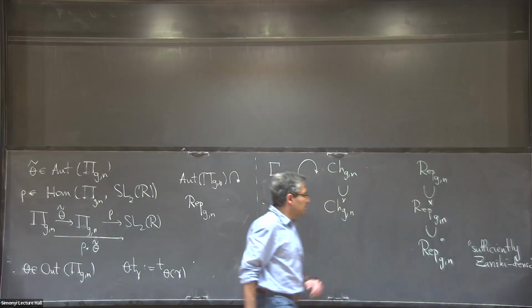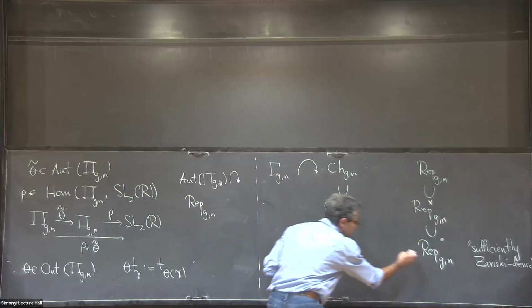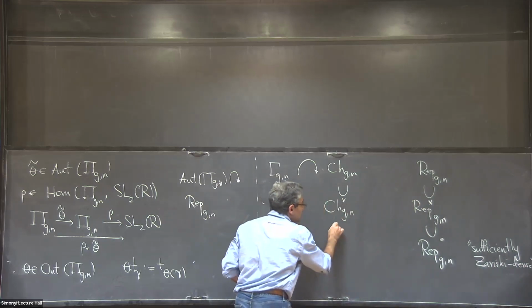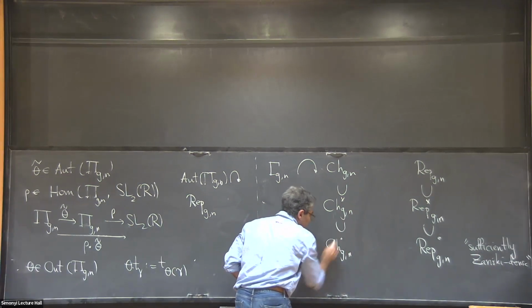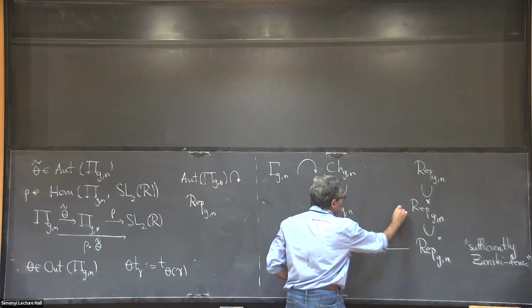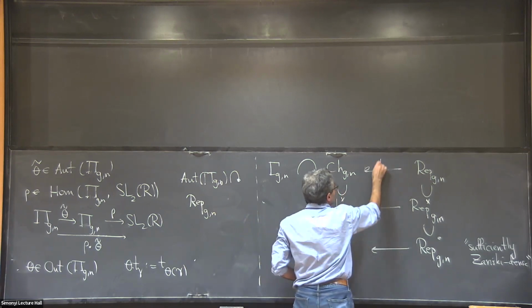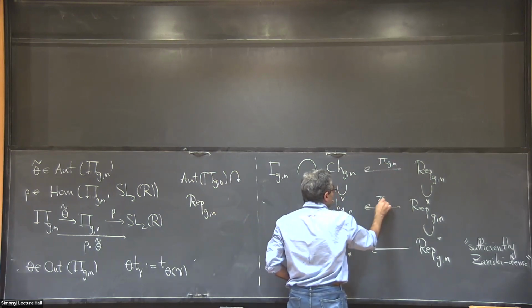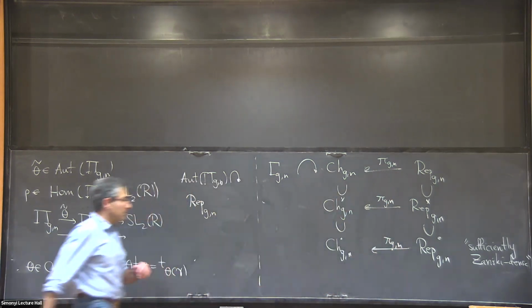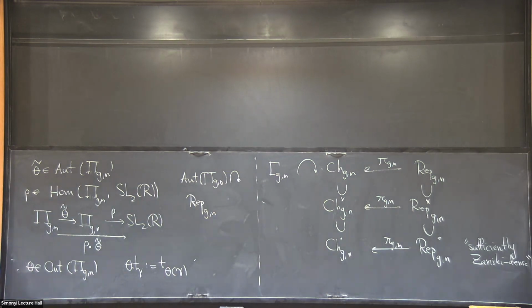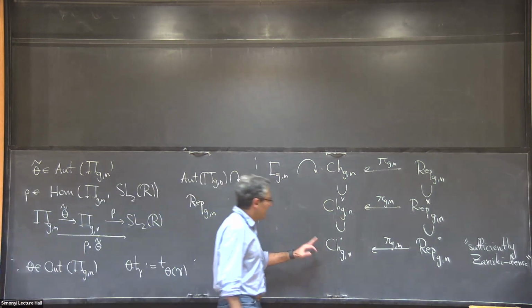It is invariant under the action. And in fact, we show that this can be captured already at the level of traces. So there is always this pi going from this way to this way, and the sufficient Zariski density can already be captured here.